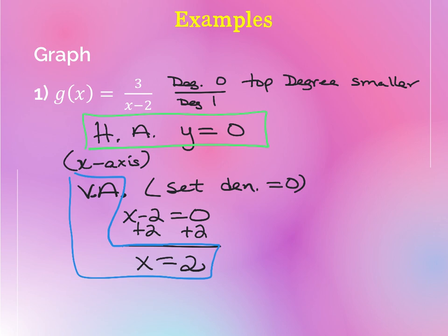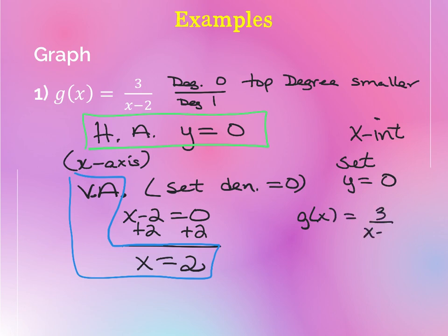Step 3 is to find the zeros, which are the x-intercepts. So I'm going to be finding the x-intercepts. To find an x-intercept, remember you set y equal to 0. Remember, g of x, this function notation, is just a fancy way of saying y equals. So I'm going to take my function, g of x equals 3 over x minus 2.